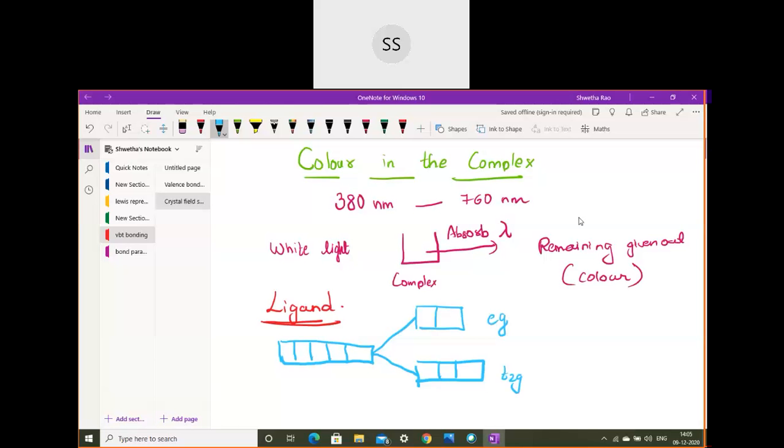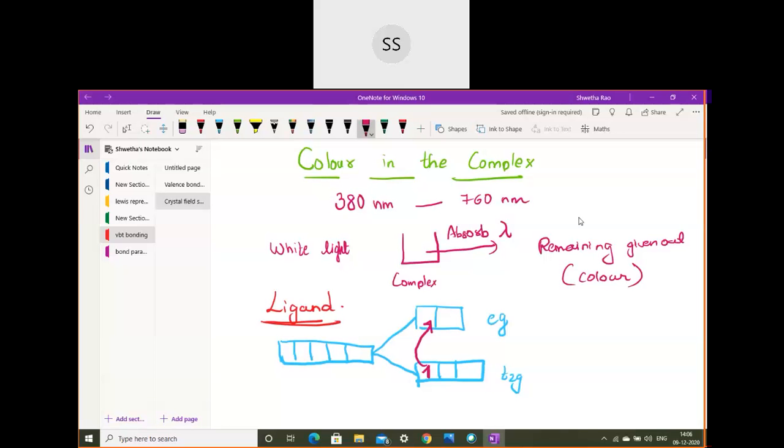When the splitting occurs, if an electron is present, for example in the t2g region, it will absorb a certain wavelength of energy and go to the higher energy state. The remaining ones are given out, and that is seen in the form of color.